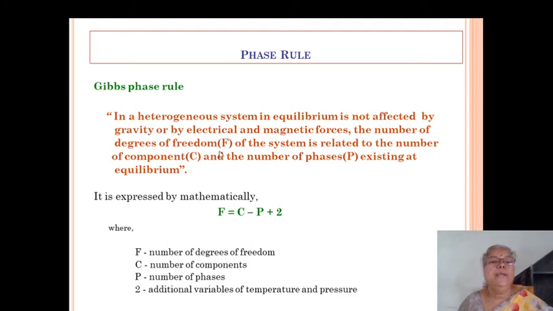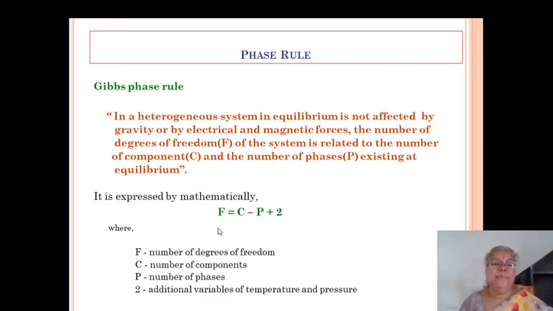The number of degrees of freedom F of the system is related to the number of components C and the number of phases P existing at equilibrium. Here, the Gibbs phase rule is mathematically expressed as F equals C minus P plus 2.